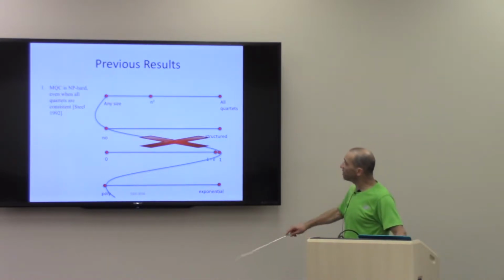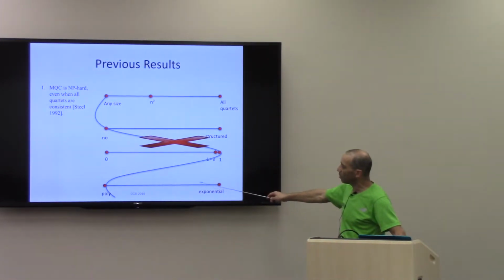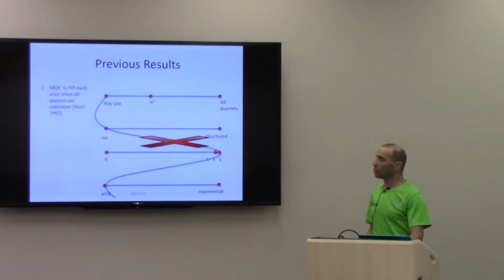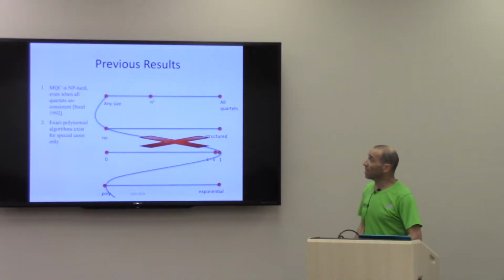And because of betweenness, we cannot even expect to have a 1 minus epsilon approximation where we allow the time to be proportional to 1 over epsilon. So we will not even be here. Now, exact polynomial algorithms exist for special cases only.